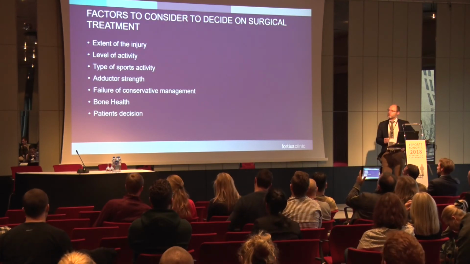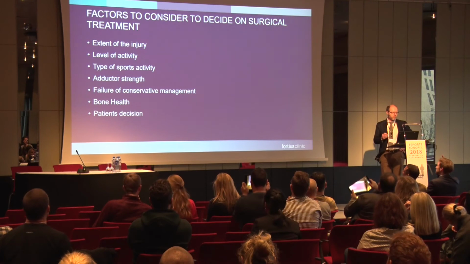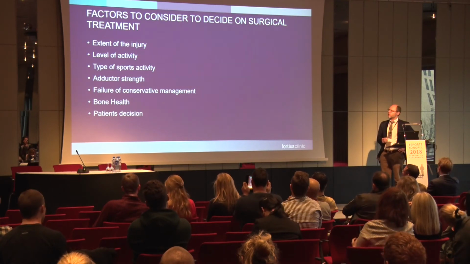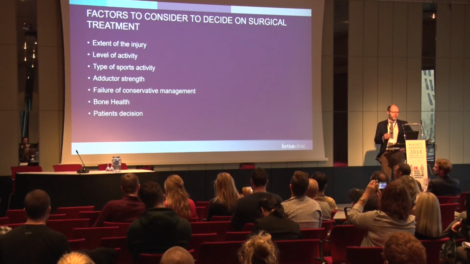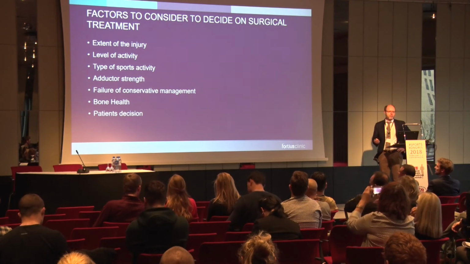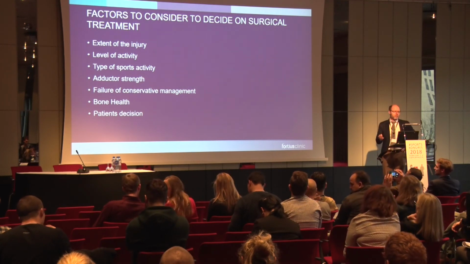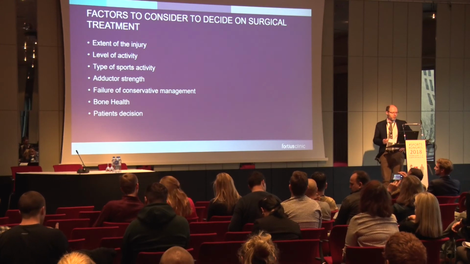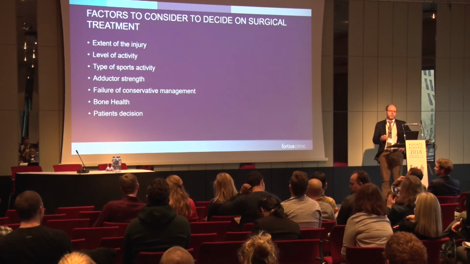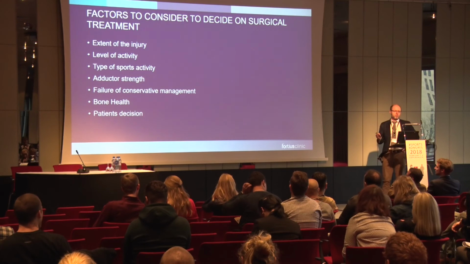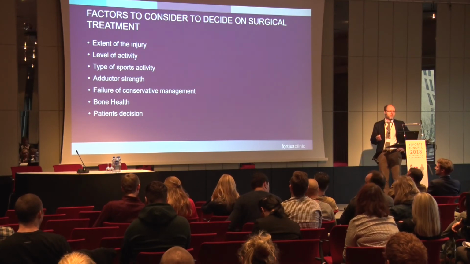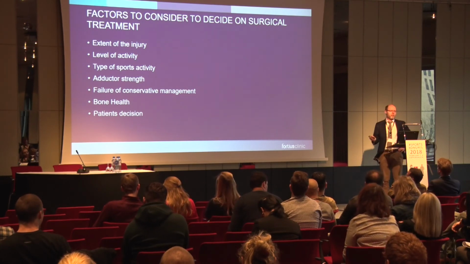So when we have to decide on surgical treatment, we need to consider a number of factors. We need to think about the extent of the injury. We need to think about the level of activity. Is this a professional athlete, recreational athlete, or non-athlete? We need to look at the type of sports activities, because you have different demands for different sports. So if you're playing rugby, then it's less likely that you're going to do kicking.